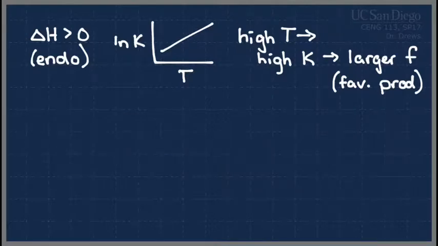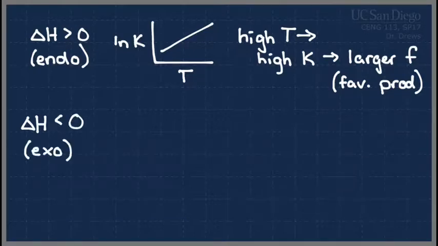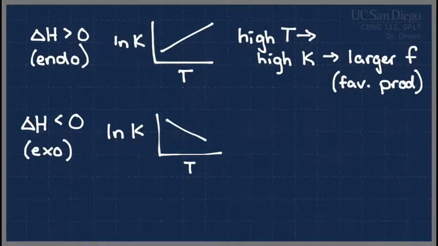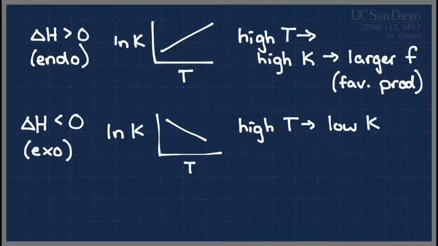You can probably guess what the other case is. The other case is if delta H is negative. These tend to be a little bit more common. The exothermic reactions. What that previous expression was saying is if I plot ln of K versus T, now the slope is negative. And so if I increase T, that will generally lower K. And as a result, I have a lower conversion.